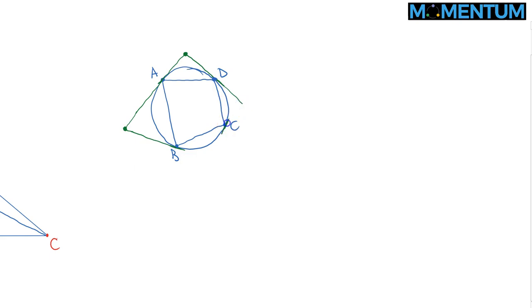We let it intersect with this one, just here actually. I don't have to go too far. And finally, this one here. Okay, so let's label these points as A prime, B prime, C prime, and D prime.